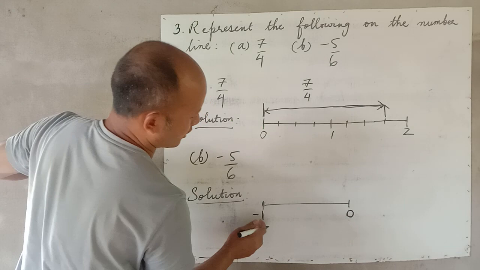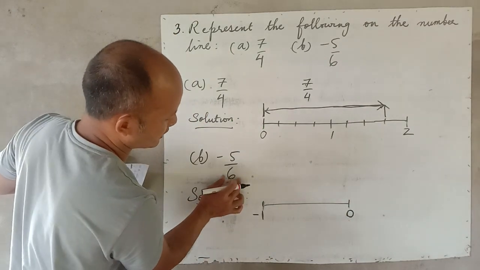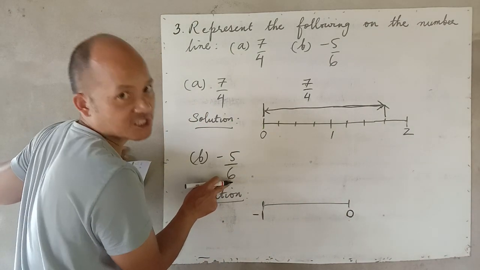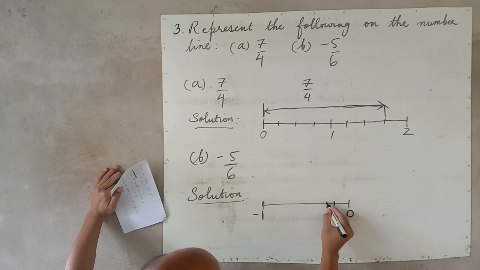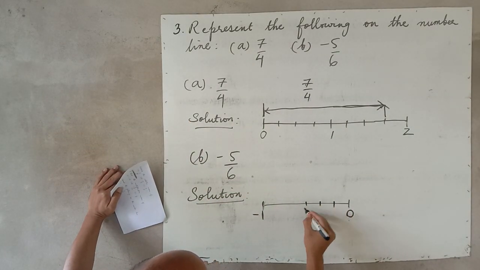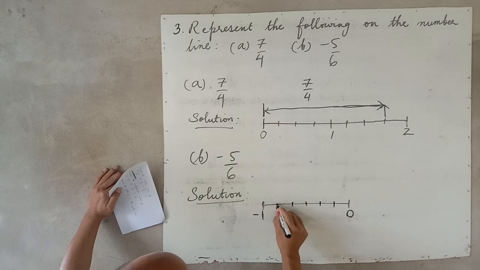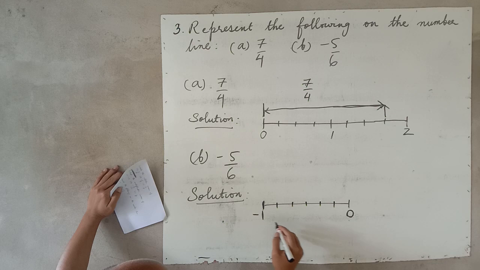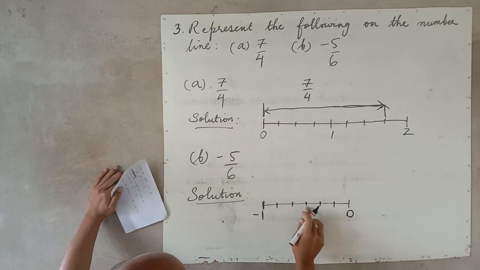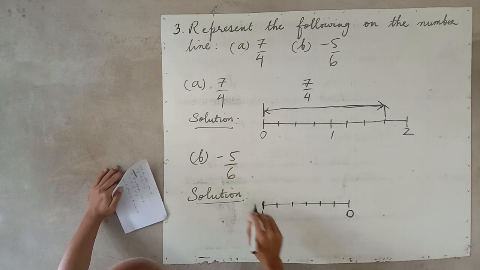Now, how many divisions do we need? We need 6 divisions. 1, 2, 3, 4, 5, and this will be the 6th division. 1, 2, 3, 4, 5, 6.